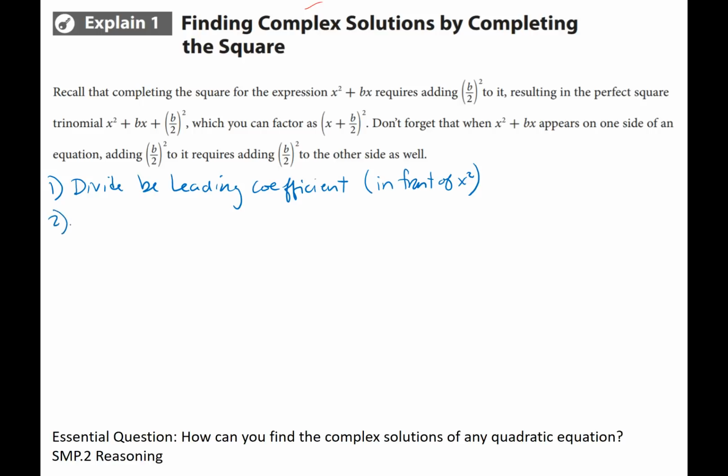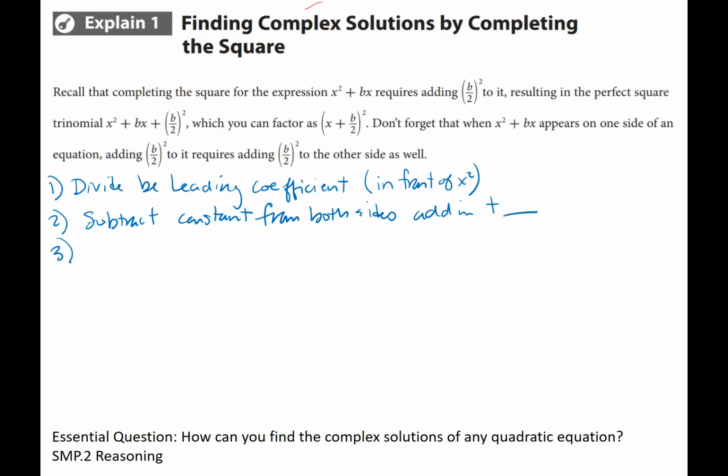The second thing is you're going to subtract the constant, which is typically the third term, from both sides. Add in plus blanks. That'll make sense when we do one.